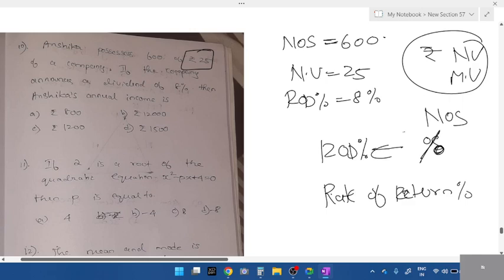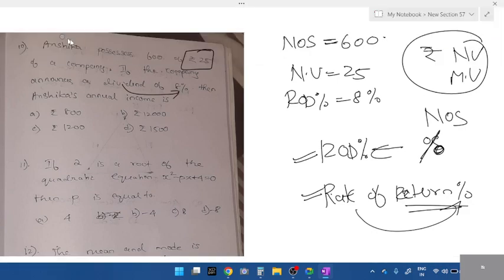Remember this concept. In entire shares and dividend, only dividend percent and rate of return will have the percentage symbol. And how will you identify? They will mention return percent or rate percent. Here they mentioned dividend of 8%. So that is ROD.